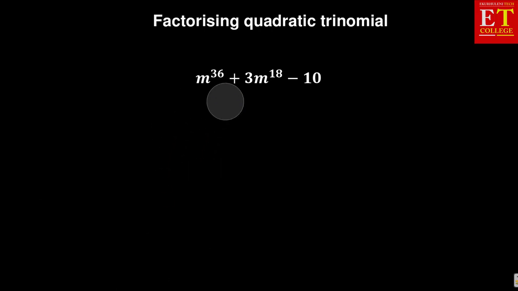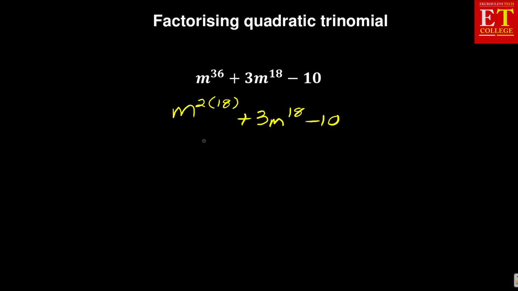Let me just make it much bigger. So in here you've got m squared, which you're going to multiply by 18, plus 3m18 minus a 10.